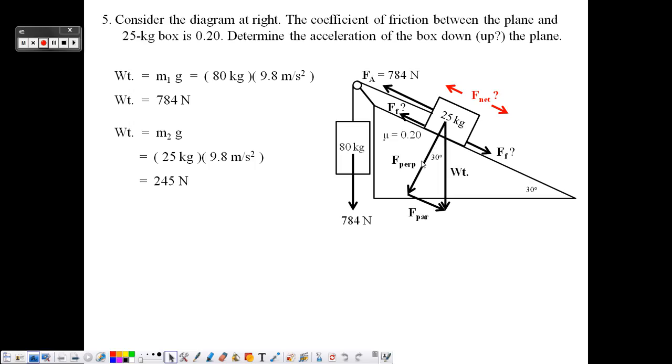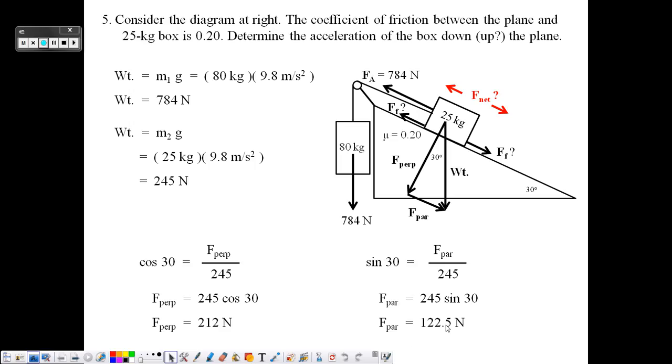Then I'm going to draw in my components. 30-degree angle, same as the incline. And I can determine the magnitudes of these components. Cosine for force perpendicular, which ends up being 212 newtons. For force parallel, we use the sine function.